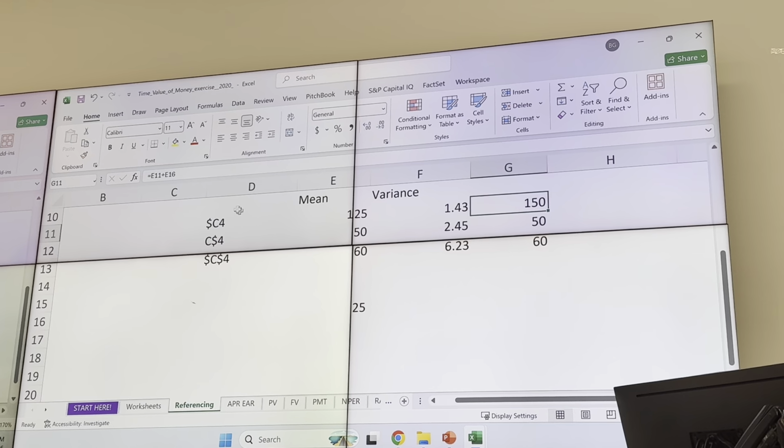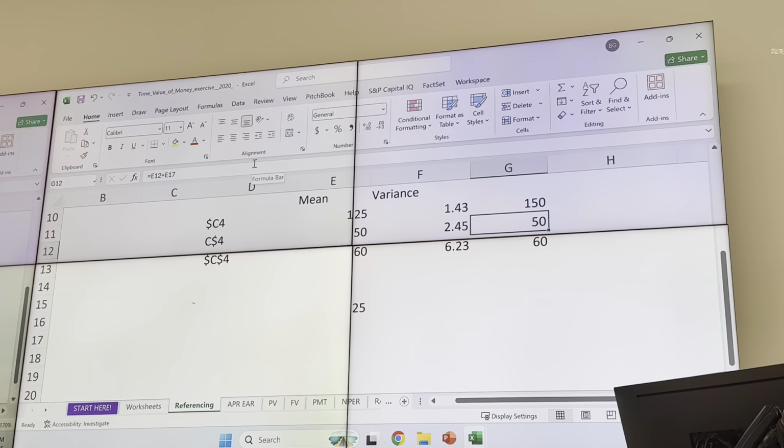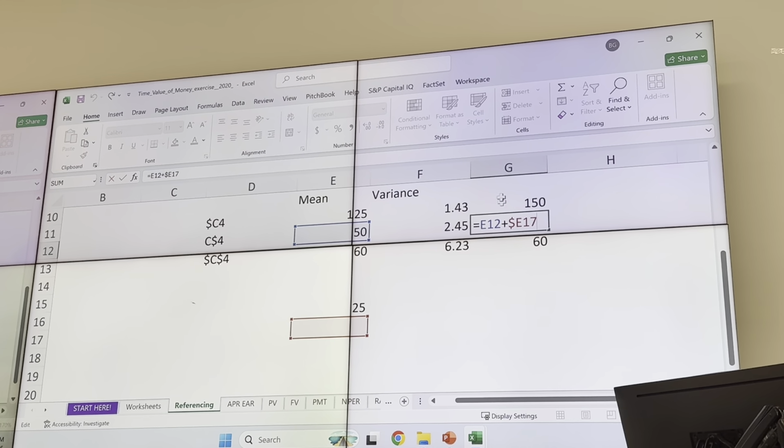So you can fix it either now. You can fix the column. If you fix the column, suppose with a $ sign, and I copy that down, and I copy that down. Still, what's happening? I fixed E, but I didn't fix the row.